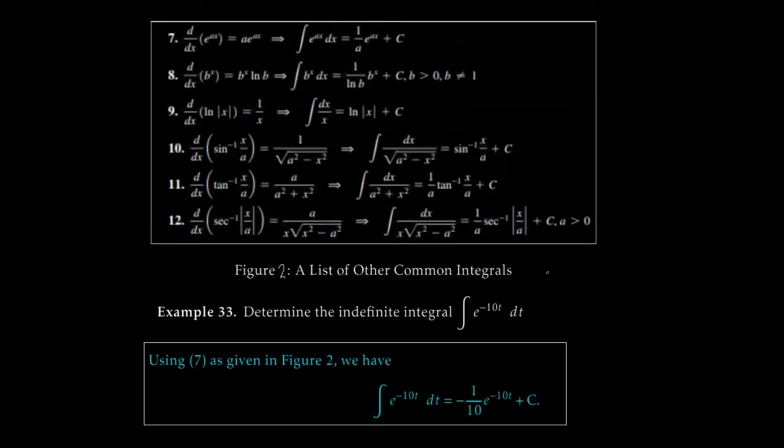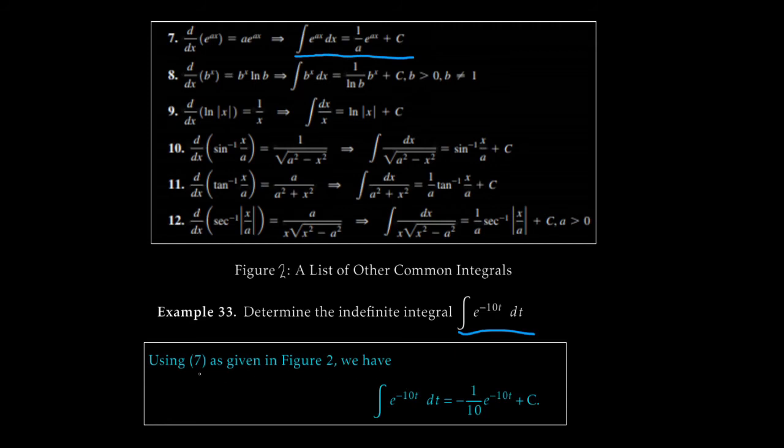Okay, example 33. Let's determine the indefinite integral of e to the minus 10t dt. Using the second table we got, the second figure, let's once again turn something we know about derivatives into a fact about antiderivatives. So we can see that the indefinite integral of e to the ax dx is 1 over a e to the ax plus c.